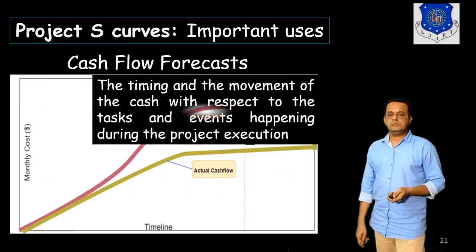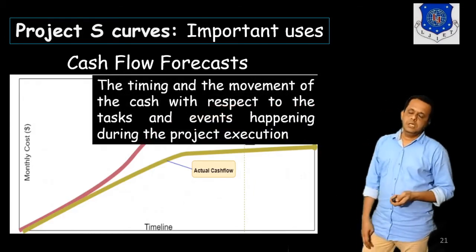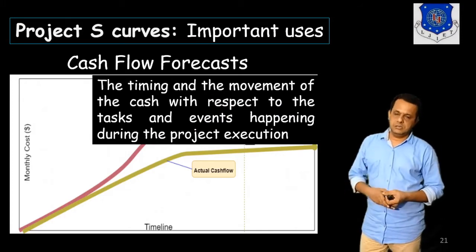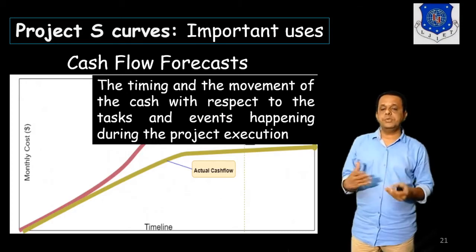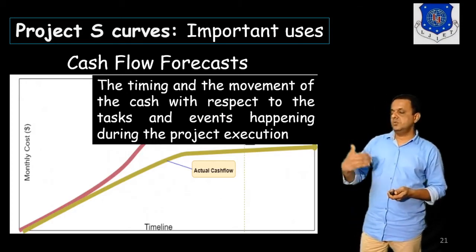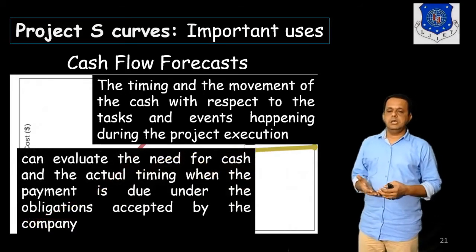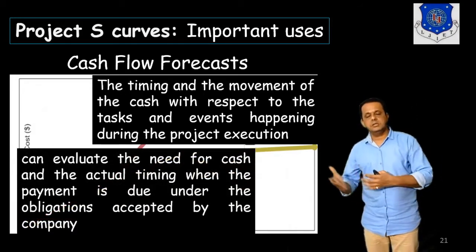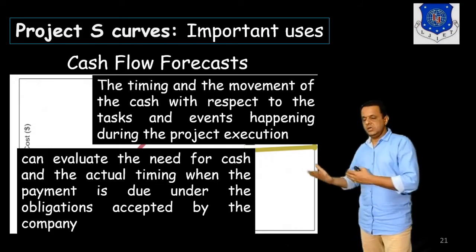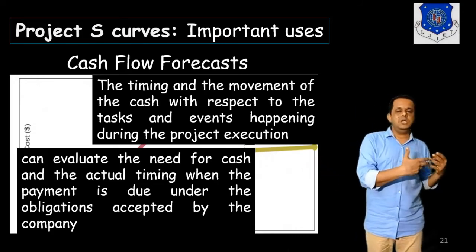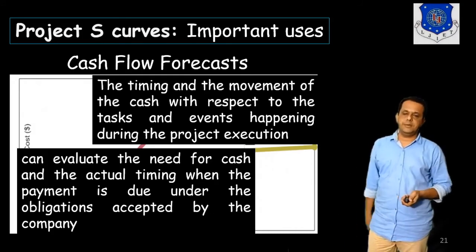So the project execution idea here is in terms of the timing and movement of cash: where it is to be paid, where it is to be received, and where obligations are to be taken by the company, like taking credit from other suppliers to finish the project in time.